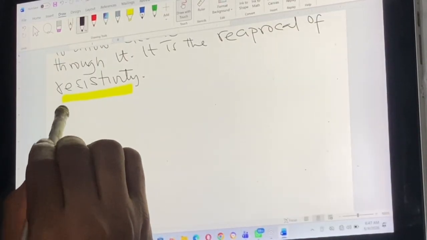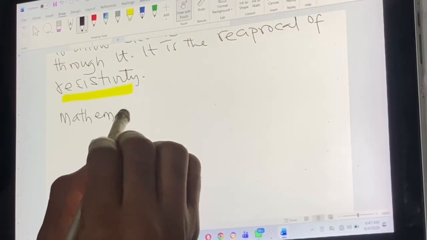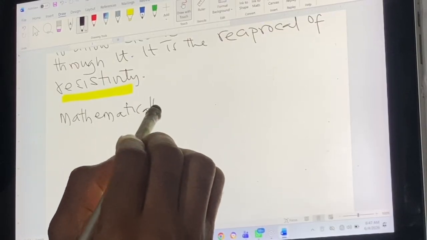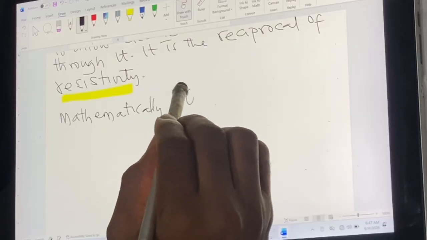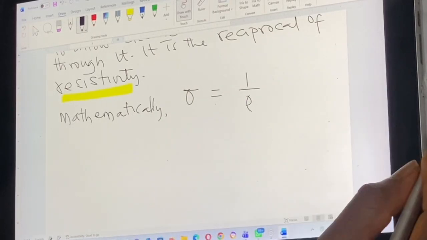Mathematically, conductivity is equal to 1 over resistivity. Please take note.